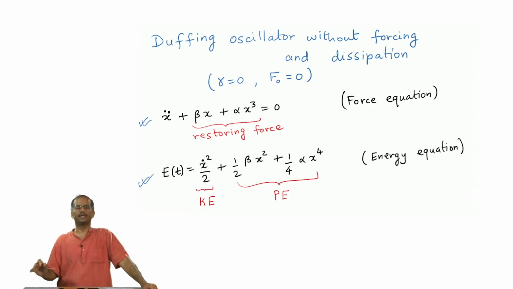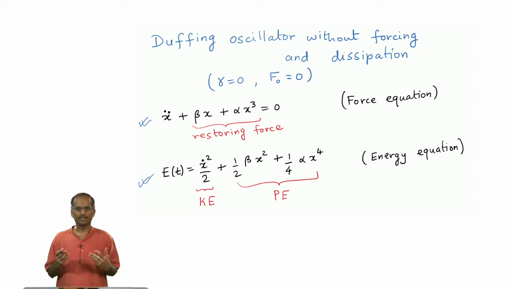So, that is the kinetic energy, and the potential energy is given by half beta x square plus 1/4 alpha x power 4, and you can see that if you integrate the restoring force, you should get the potential or the potential energy.